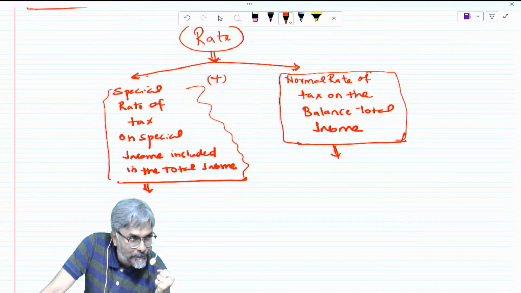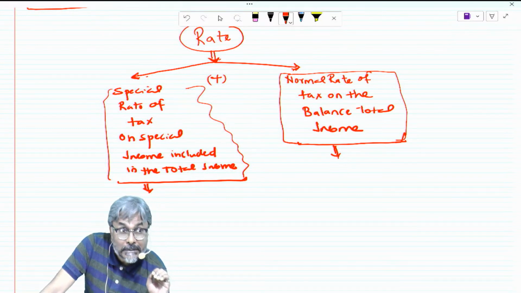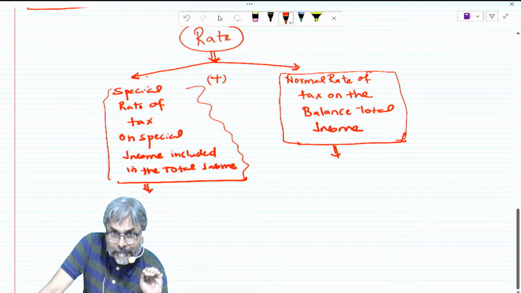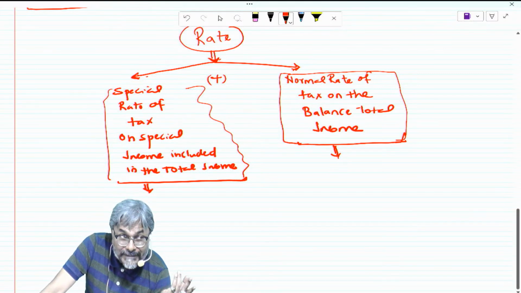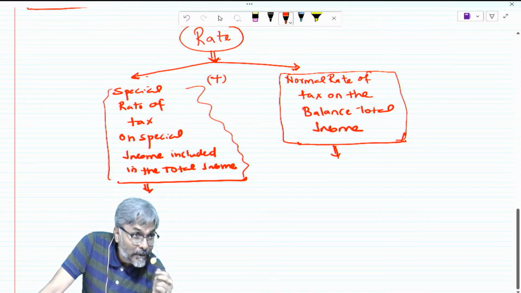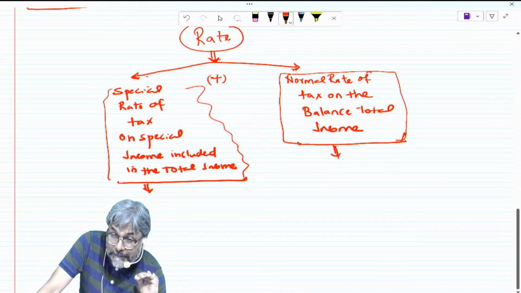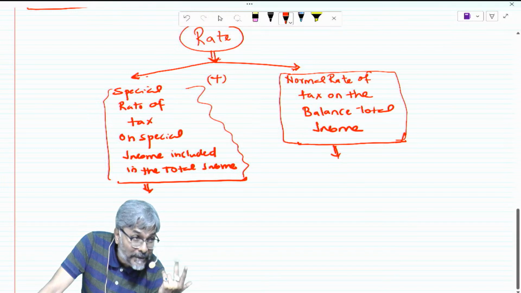Carrot and stick approach. For example, a person who earns lottery winnings from a quiz or these KBC shows, those people, in any case, have earned without hard work, isn't it? So on that, if I charge a higher rate of tax, that person will also not be angry.